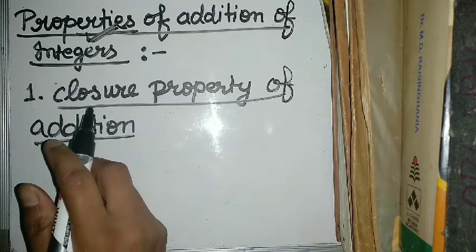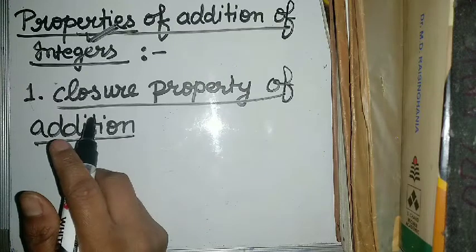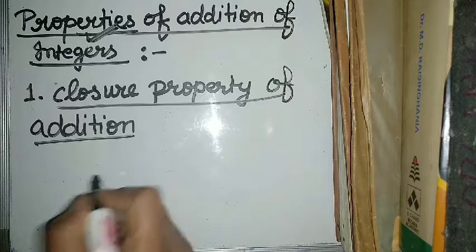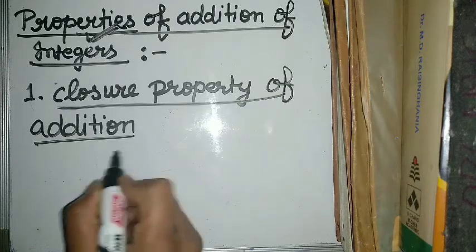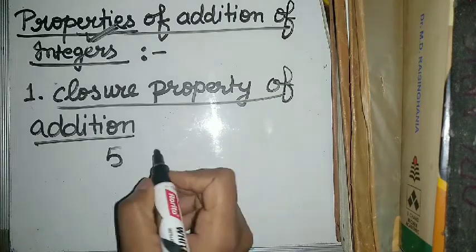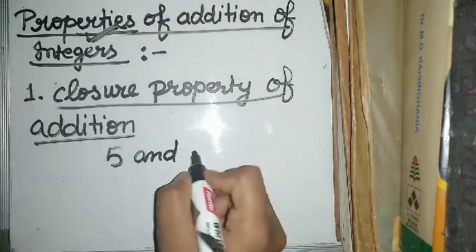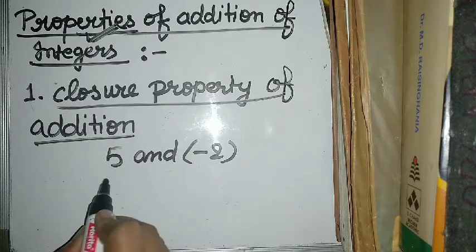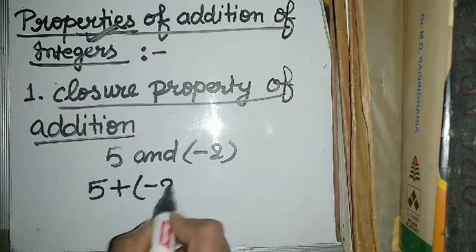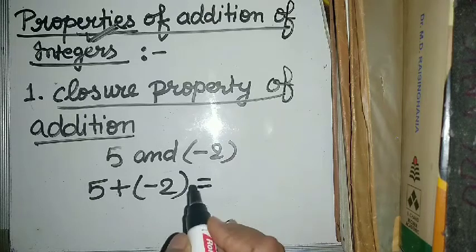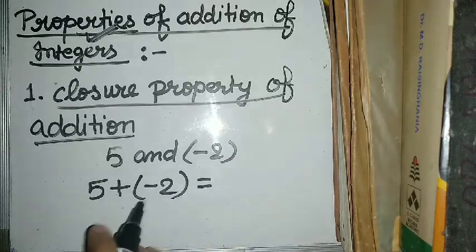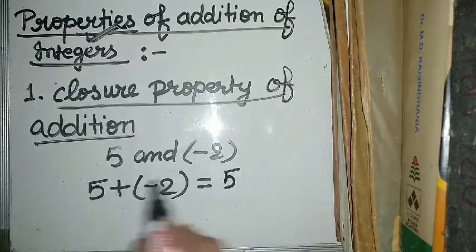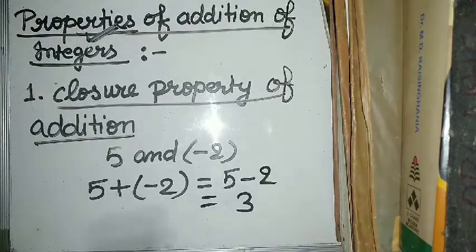So the first property is the closure property of addition, which says if we have two integers, suppose one is 5 and another is -2, when we add both the integers, that is 5 plus -2, the value which we get is 3.